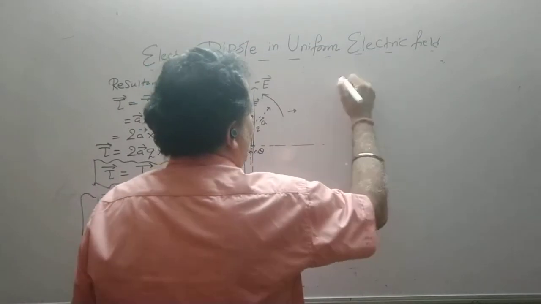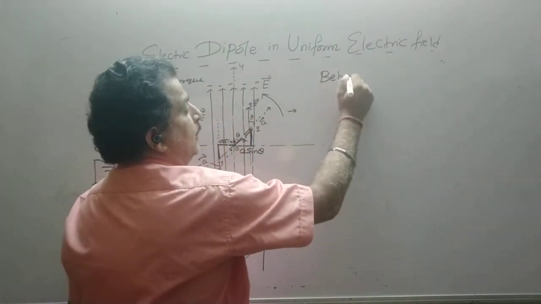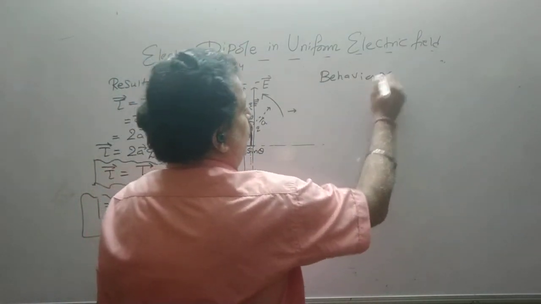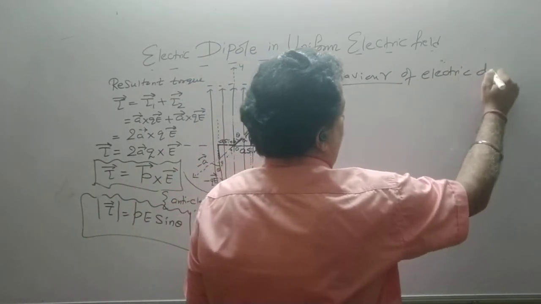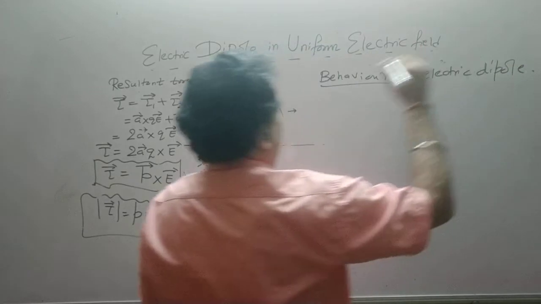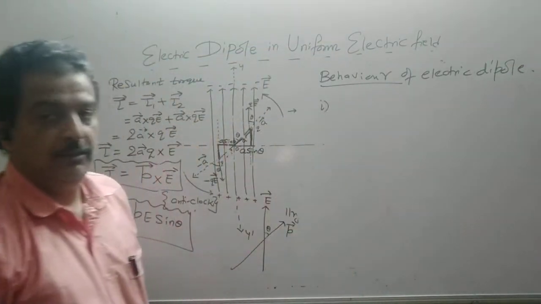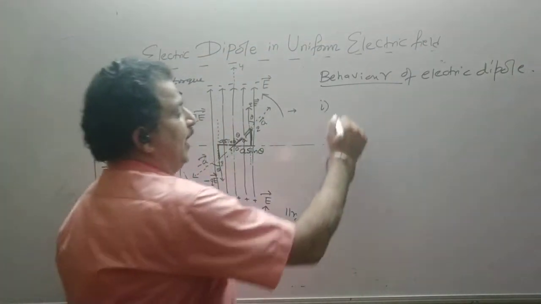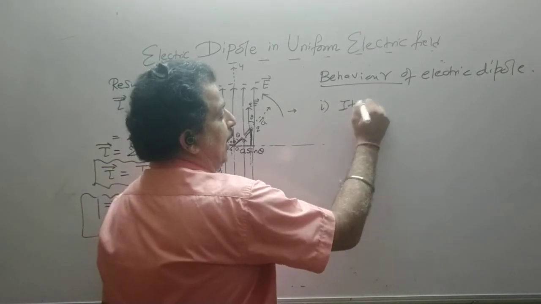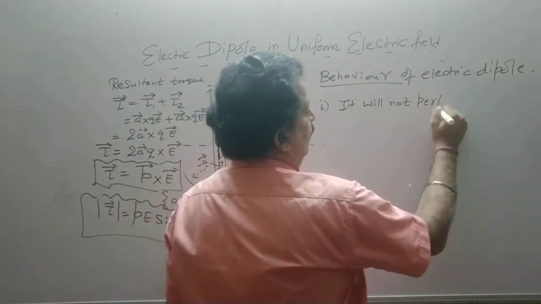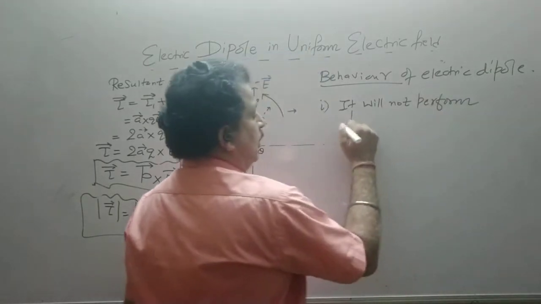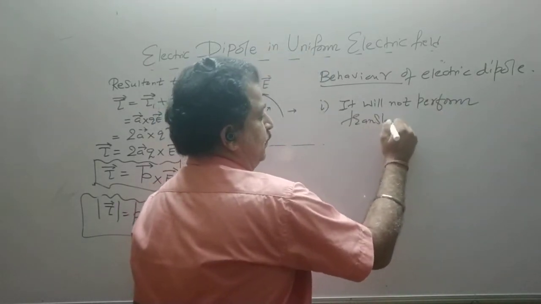So let us conclude the behavior of an electric dipole, which you have to remember. Number 1: when the dipole is placed in a uniform electric field, it will not perform translational motion.